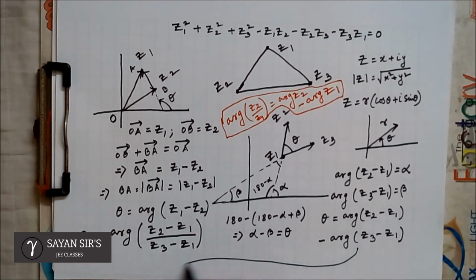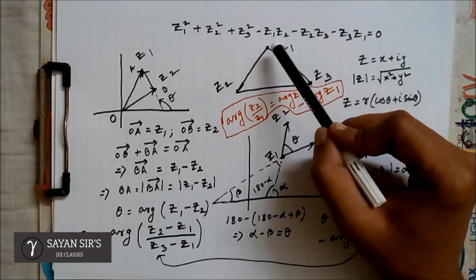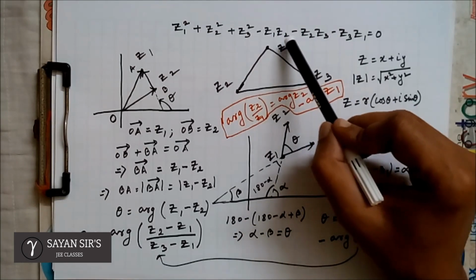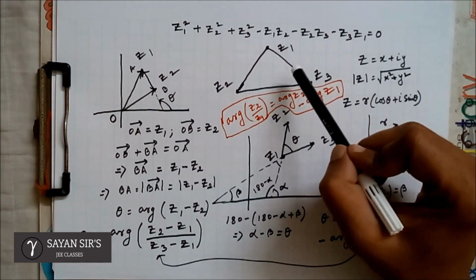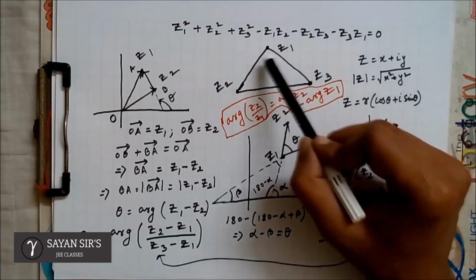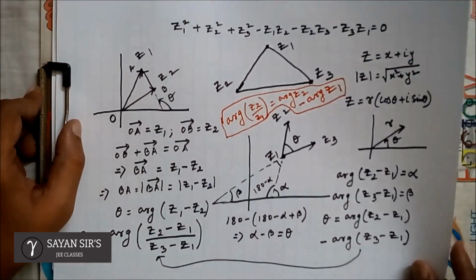So from here we have come here. This is an important thing to remember if we have to solve this problem. Let me remind you of what this problem is. The problem they have asked us is that if we have a triangle whose three vertices have been represented by the complex numbers Z1, Z2 and Z3, we'll have to show that this triangle is an equilateral triangle given that this condition is true. So let us do that on the next page.